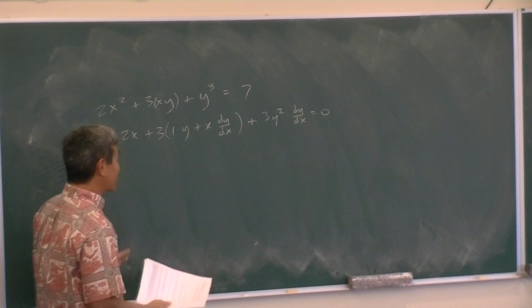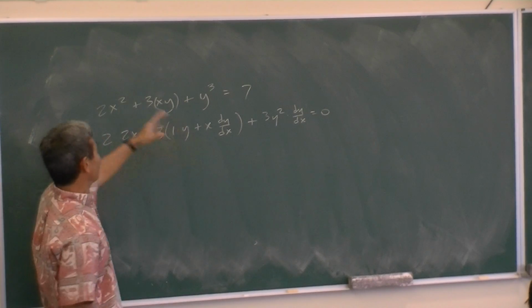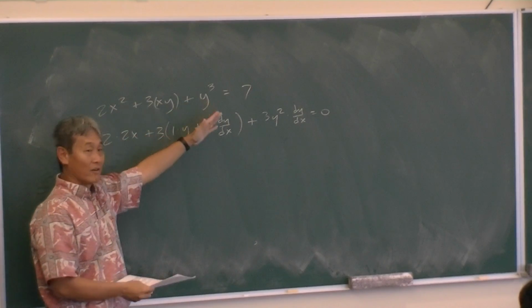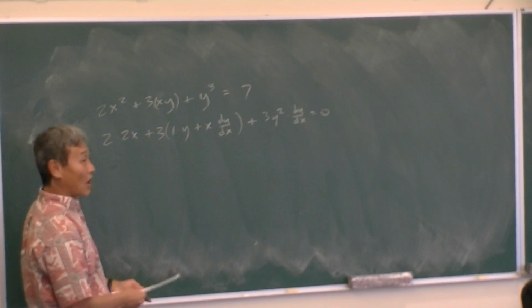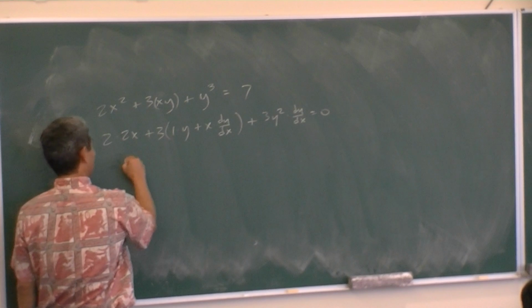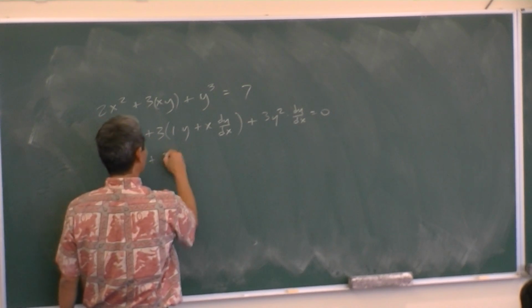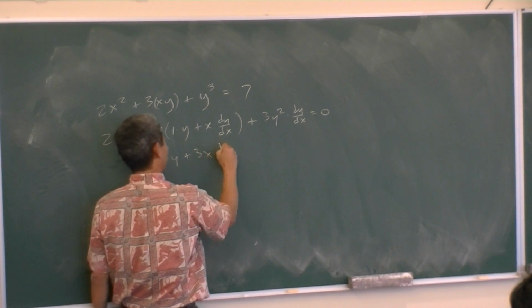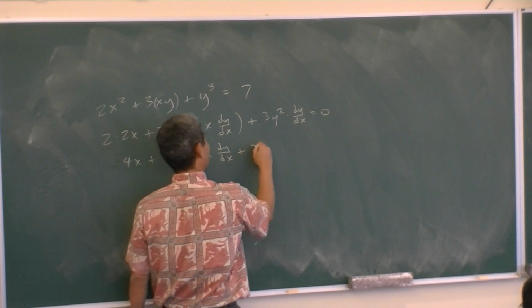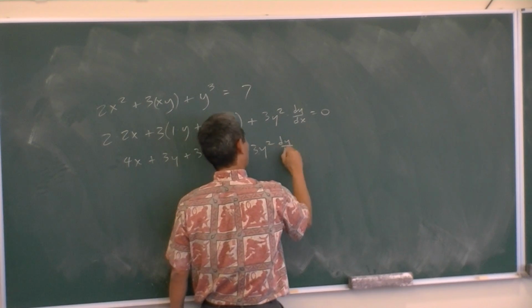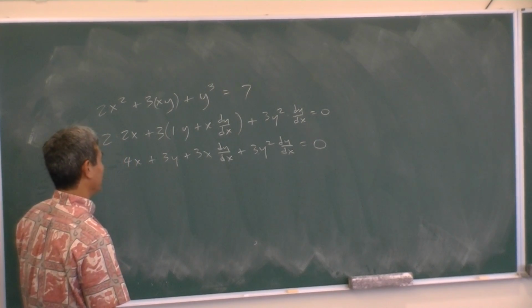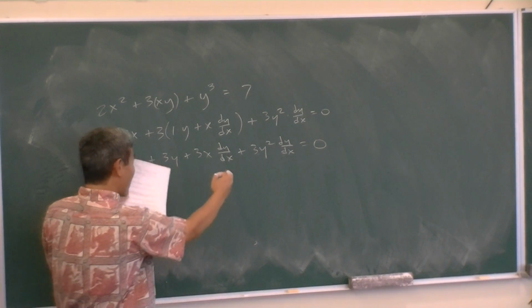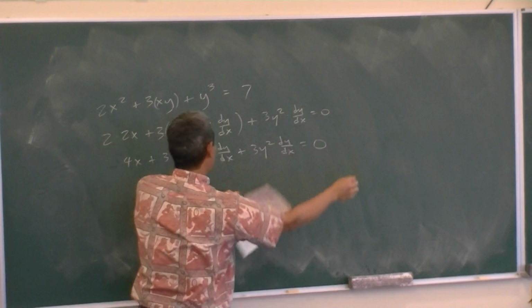So when you do implicit differentiation, you simply take the derivative term by term of both sides of the equation. And then now you have to solve for dy dx. So simplify, distribute the 3. Okay, how would you solve for dy dx? Put all the dy dx's on one side, put everything else on the other.